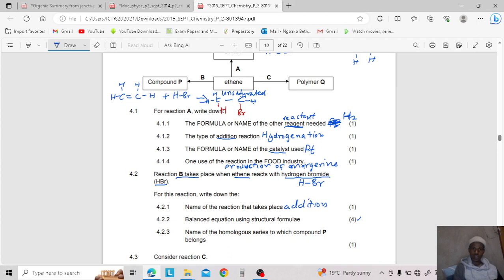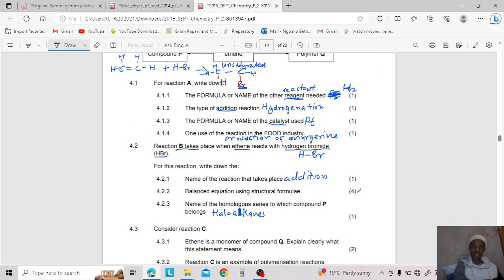So it is a halo, from the group haloalkanes. Why? Because it consists of hydrogen and bromine, which is a halogen, and the single bond between carbon atoms, which is an alkane. So it's haloalkanes. Now let's move on.